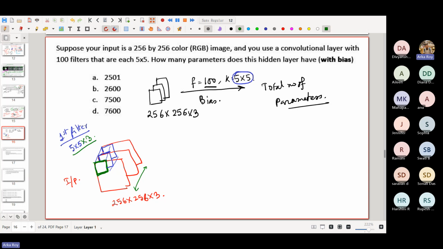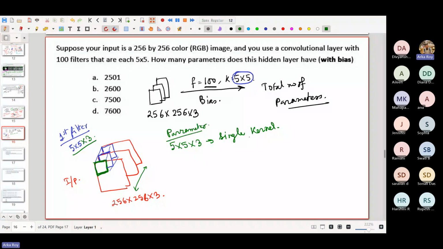Now you can perform the convolution operation. So for a single kernel, you have this much of parameters.